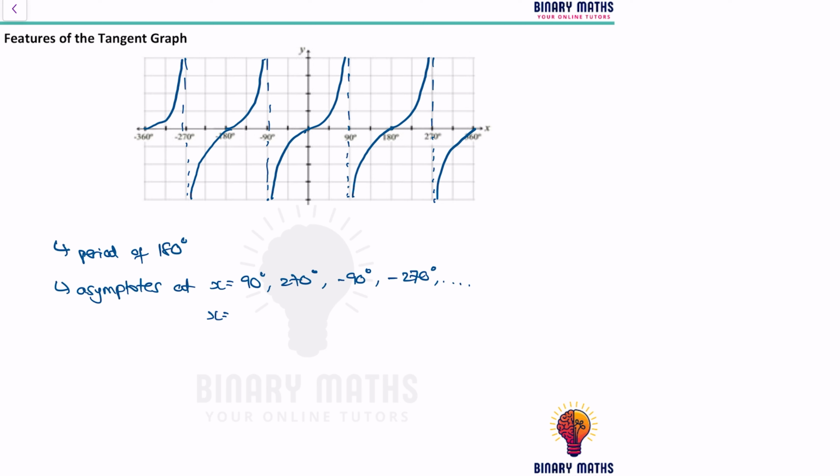So x is equal to, similarly, if you start off with 90 and keep adding 180 lots of n, then you get all of them. And the roots are at x equals 0, 180, 180, not 270. Don't write that. It's every 180 because it repeats itself every 180.